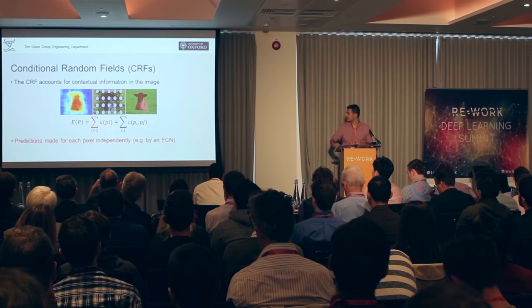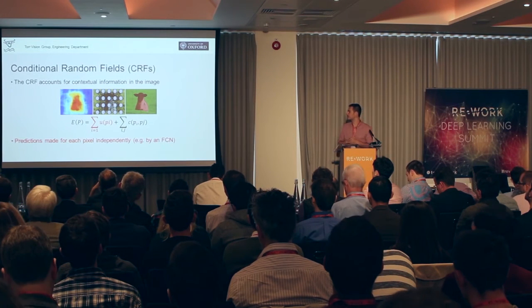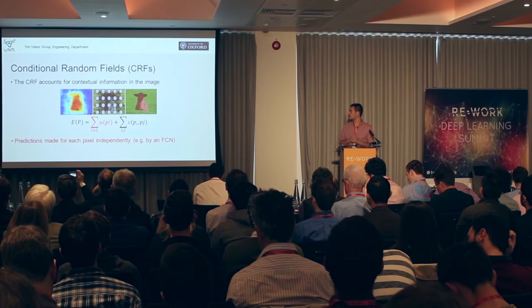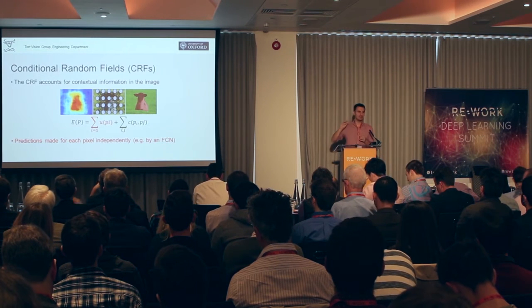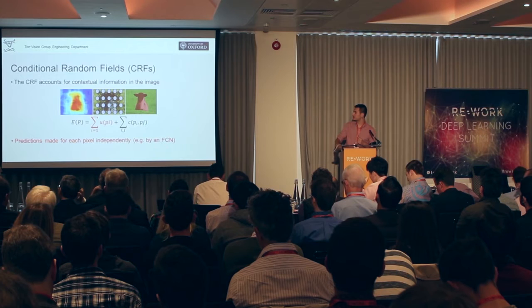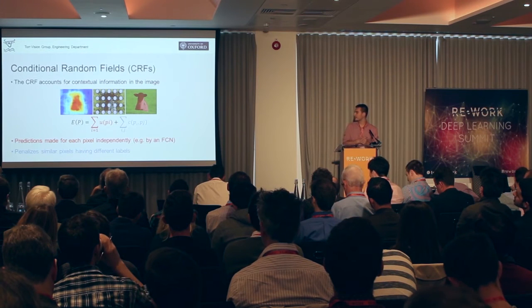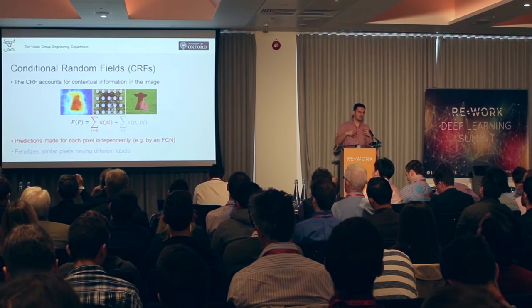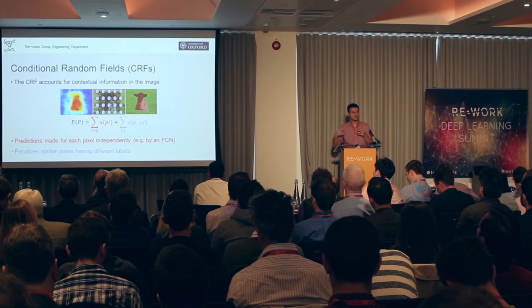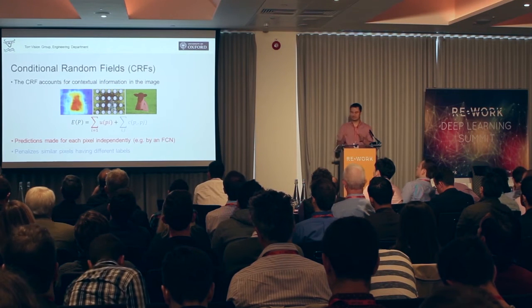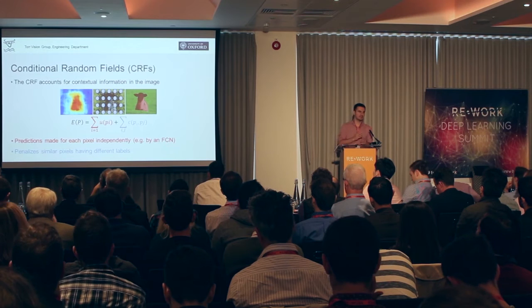The first term measures the predictions for each pixel independently, and the important bit comes with the second term. The second term favors smooth, consistent solutions by penalizing similar pixels having different labels.